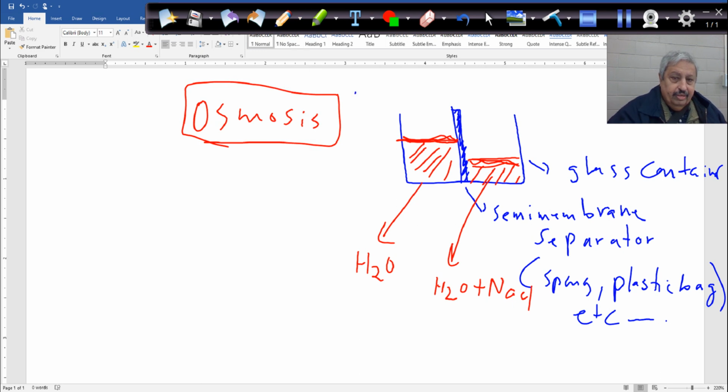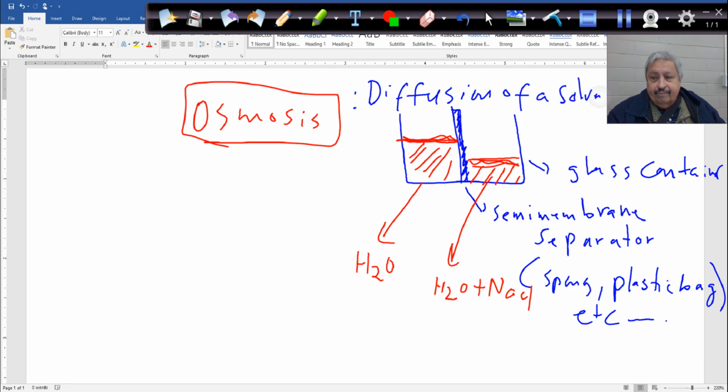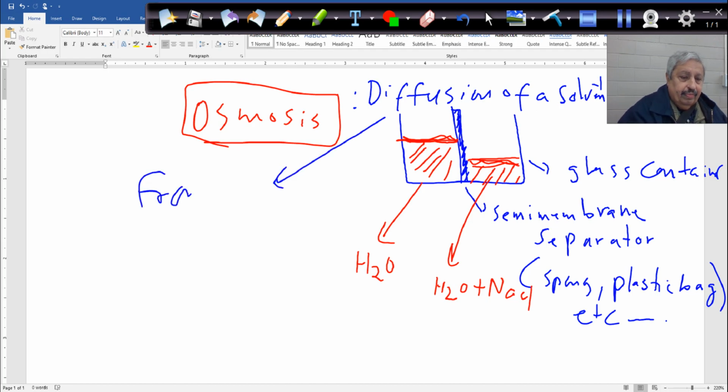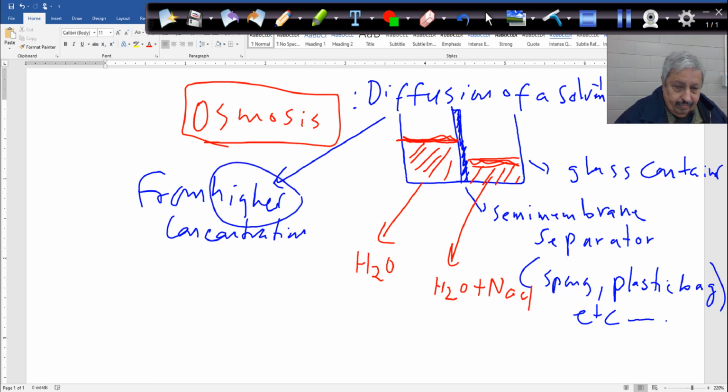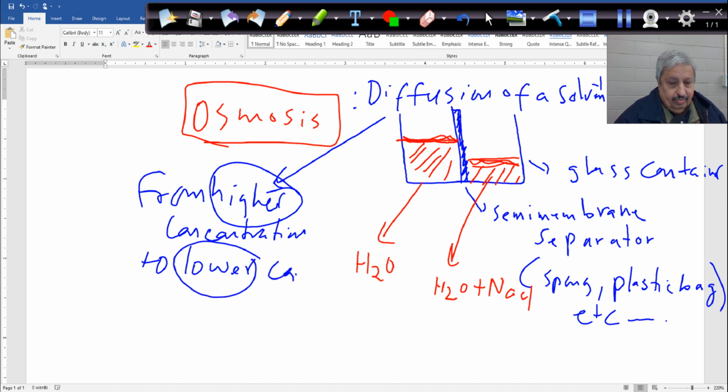Okay, so diffusion of a solvent from, and this is very important here, from higher concentration to what? To lower concentration.